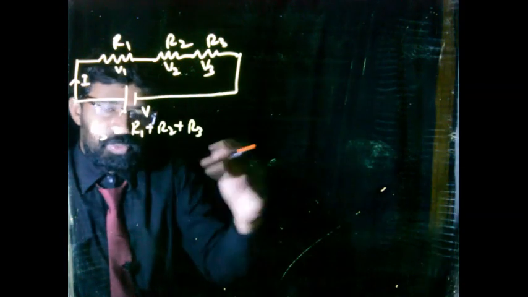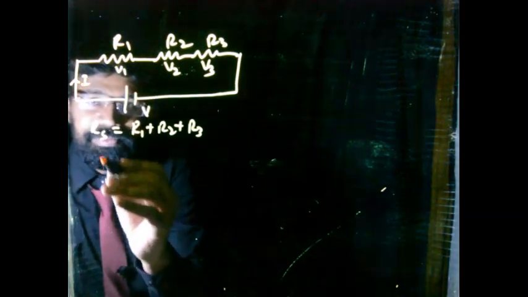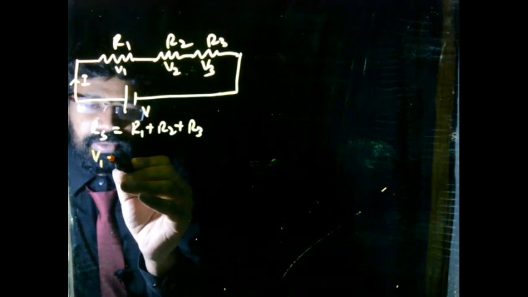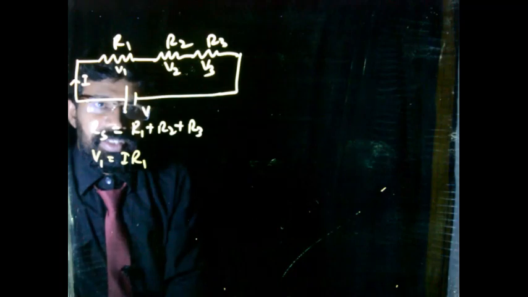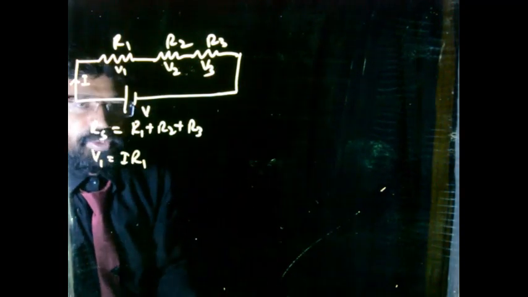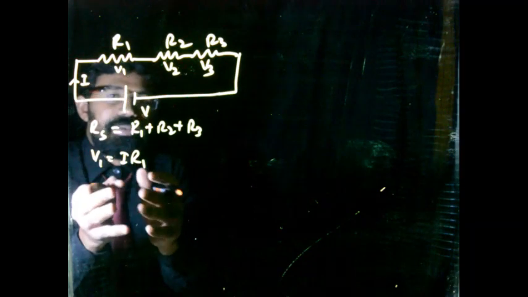Then the effective resistance of the series combination RS is R1 plus R2 plus R3. If n resistors are taken up to Rn, the potential across each resistor, like V1, is I into R1. Through all these resistances the same current passes, which is why we say they are in series combination.